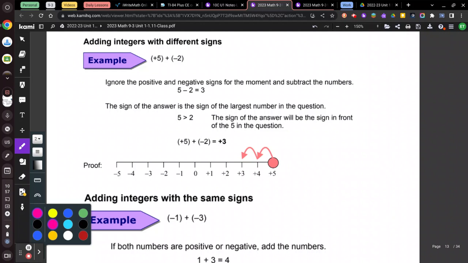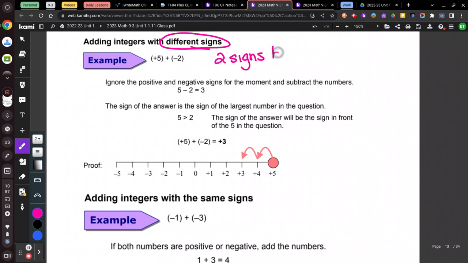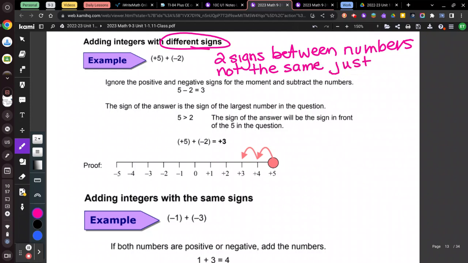What if you've got numbers that are bigger than other numbers? You need to recognize where they are on the number line. So with different signs, when you're adding them, 2 signs between numbers that are not the same always means subtract.